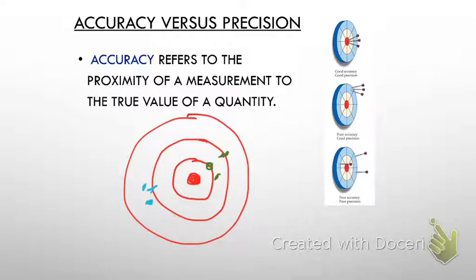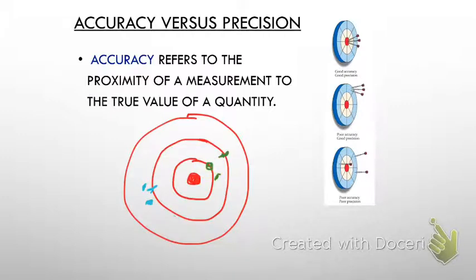Well, the one that has a higher degree of accuracy is the one that's closest overall to the bullseye. And so you'd actually have to measure the bullseye and see which one, in general, would be the most accurate. My drawing is really horrible, but if we were looking at which point in particular would be the most accurate, it would be this one, because it's the closest one to the bullseye.